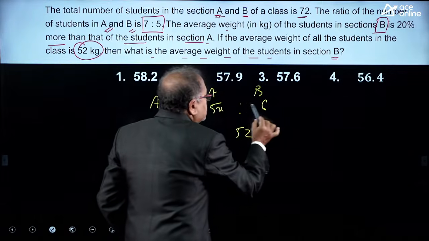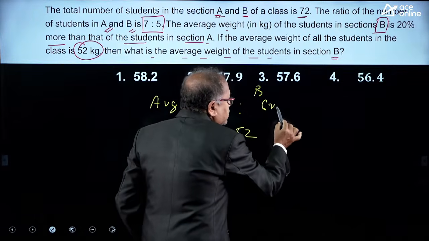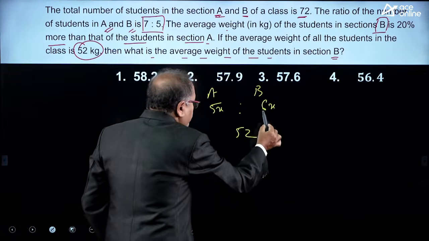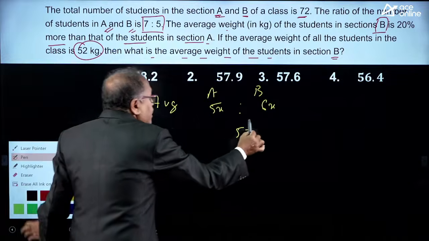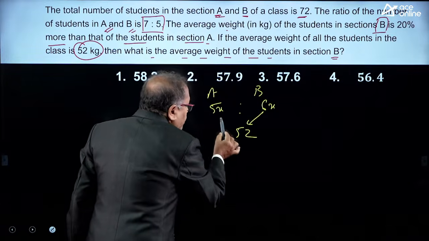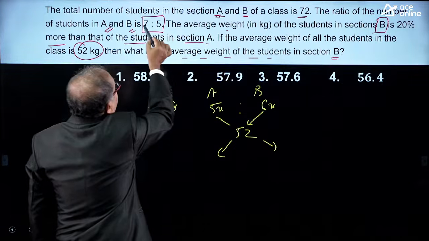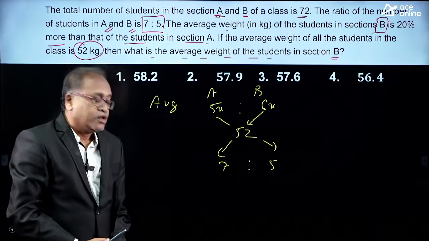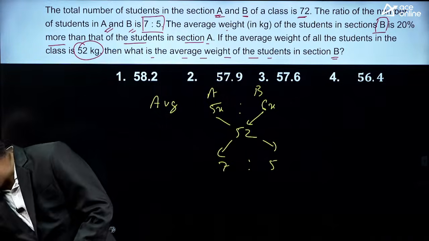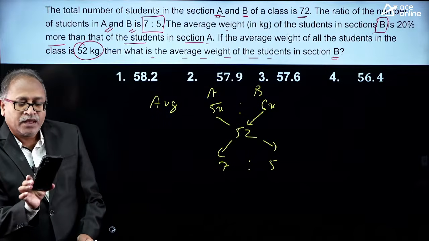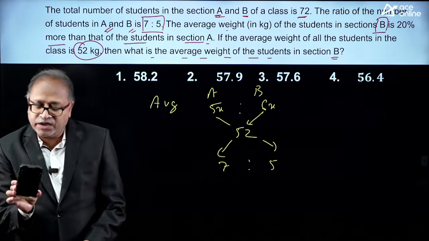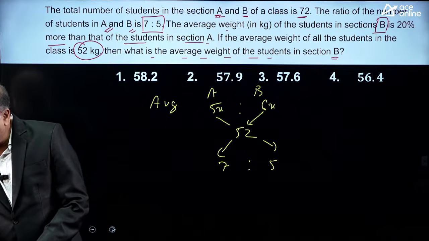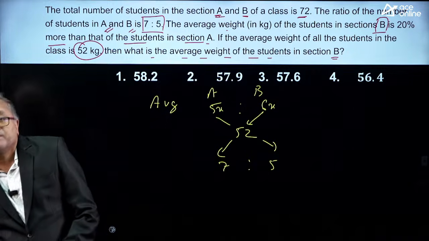So I will consider this as 5x and this as 6x. Now it becomes a number the moment I place this, and the ratio of the numbers is already there, that is 7:5. I hope you are understanding.